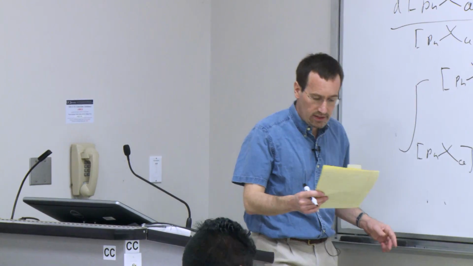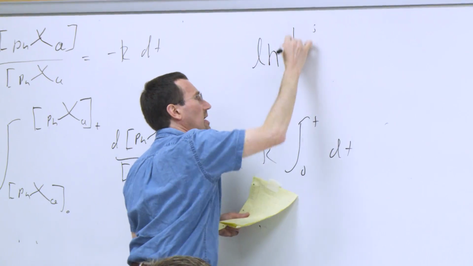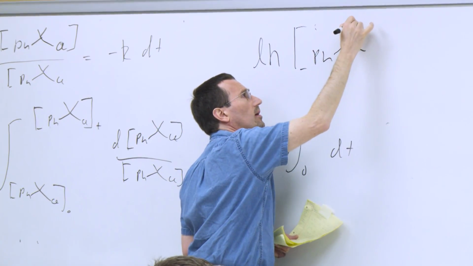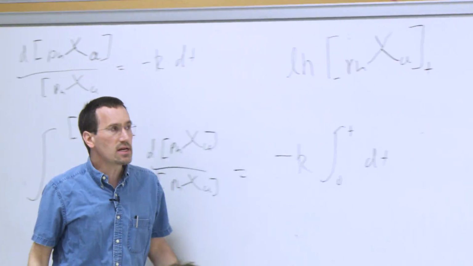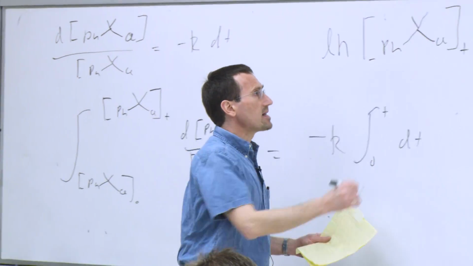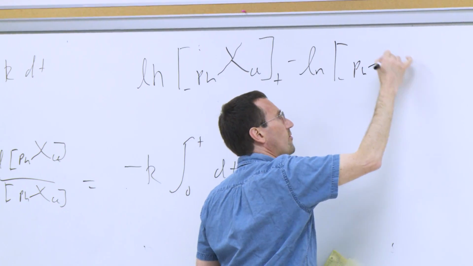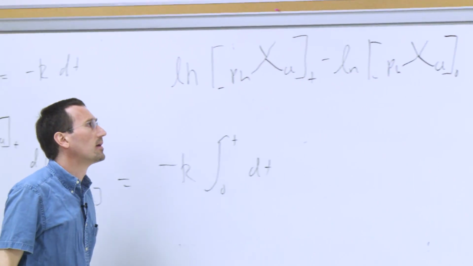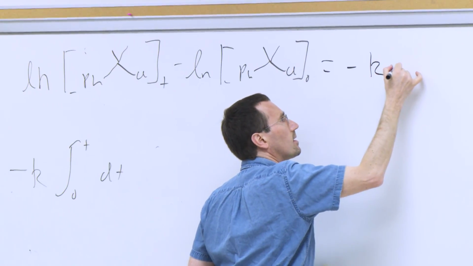And all of that just works out to give us an integrated rate equation: natural log of concentration of reactant at time t minus natural log of concentration of reactant initial at time 0 is equal to negative kt.